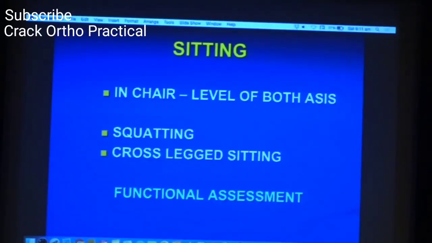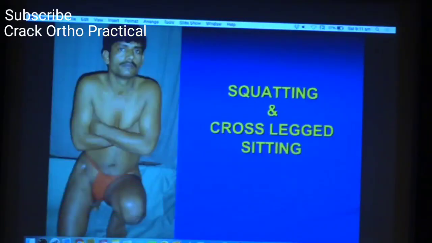These two positions give us a very good functional assessment of the patient, because cross-leg sitting is important to the Indian patient, it being the position for eating food or the prayer position.